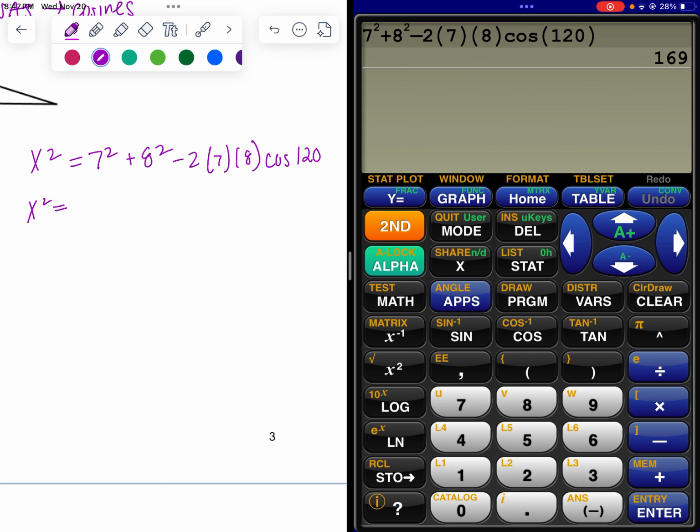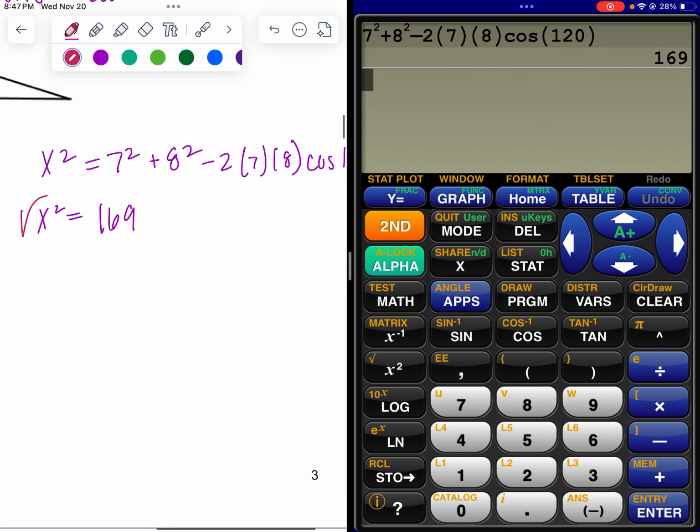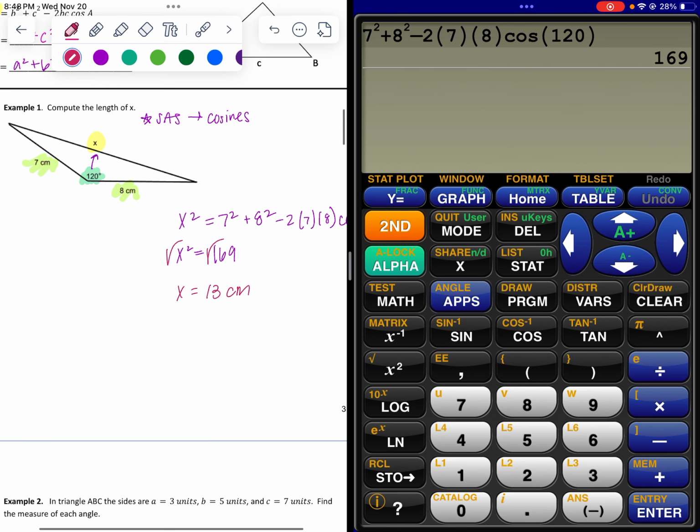And we get 169. Okay, we're trying to find x, so I have to take the square root of both sides. I get x is equal to 13 centimeters. Now, it's not a negative value, because my side measurements cannot be negative, nor can my angle measurements. So this time we're only focusing on the positives, and this would be my solution.